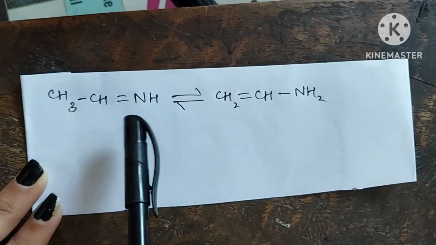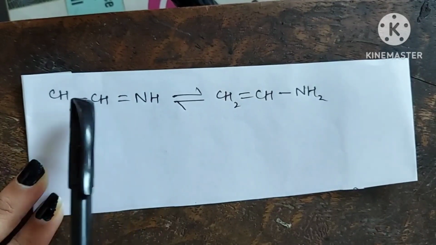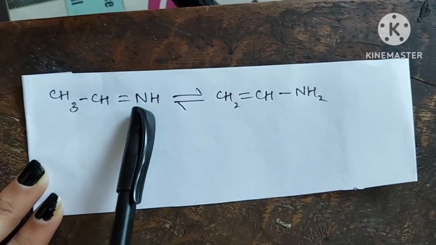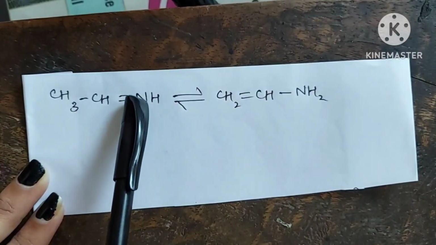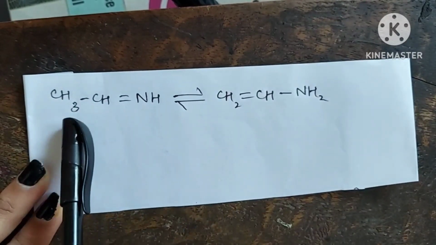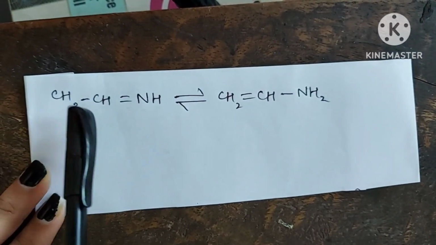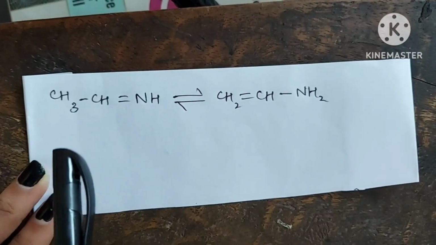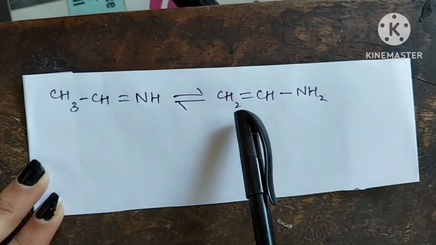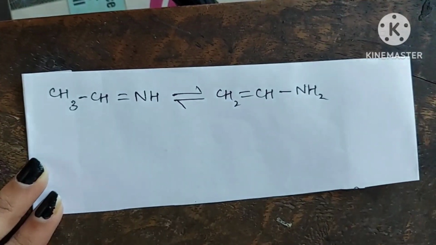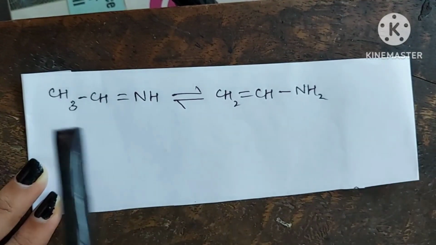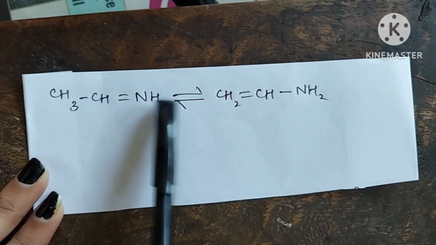Then we will call it imine group. See here, the double bond was present between carbon and nitrogen, and now it has shifted here. At first in this carbon there were 3 hydrogens. Now there are 2 hydrogens, because the hydrogen has shifted from here to here.